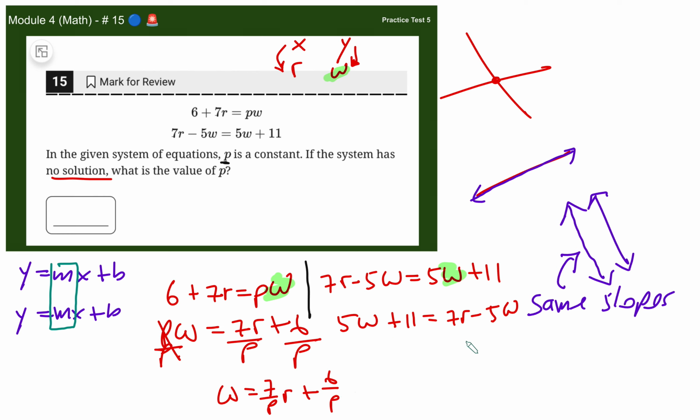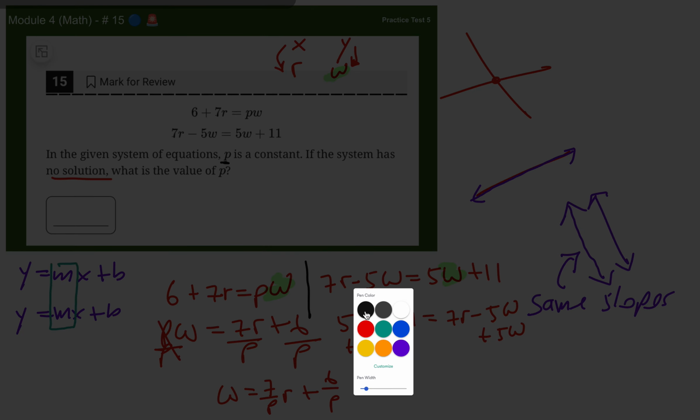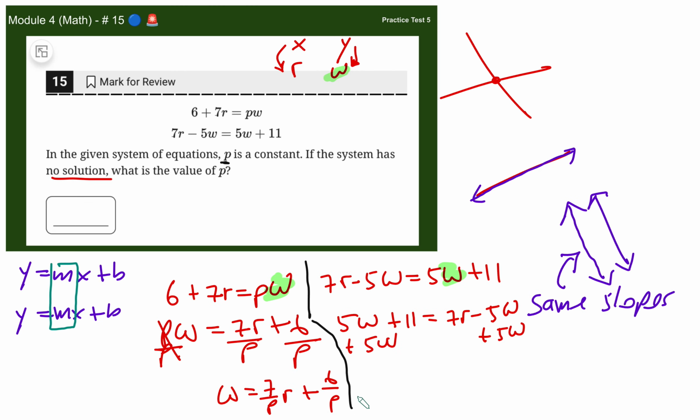Then for my second equation, I'm going to add 5w to both sides. Then we have 10w plus 11 equals 7r.